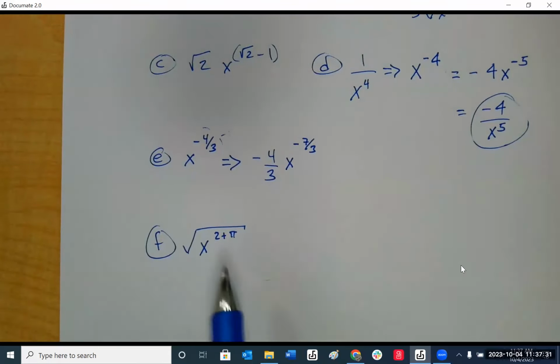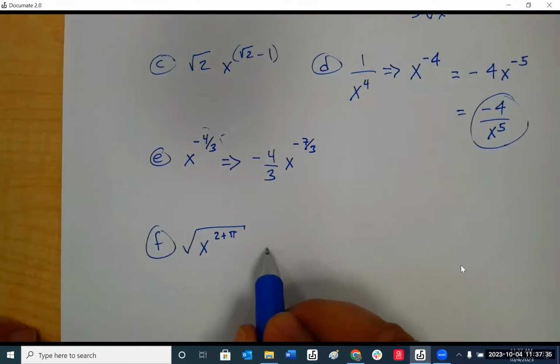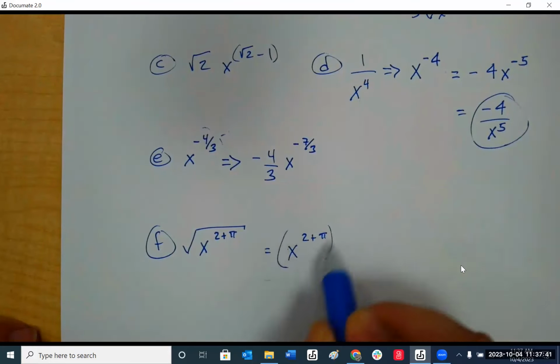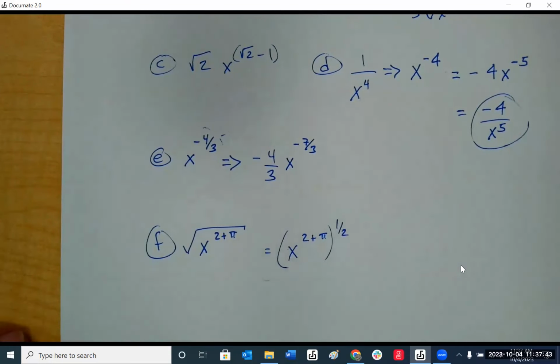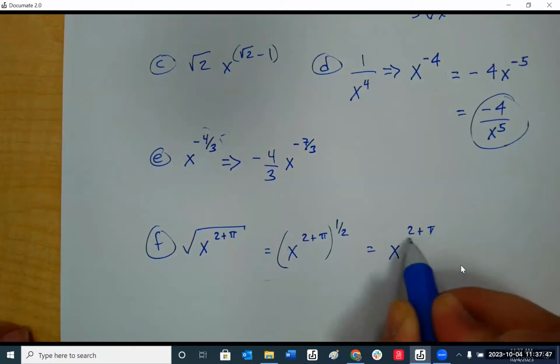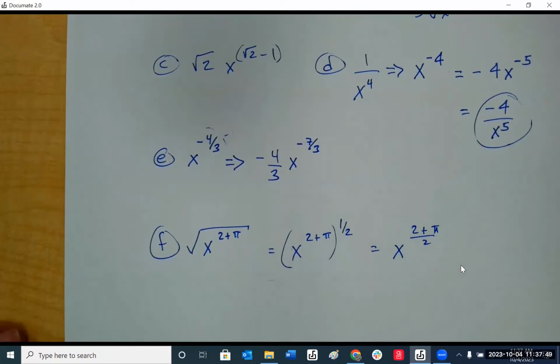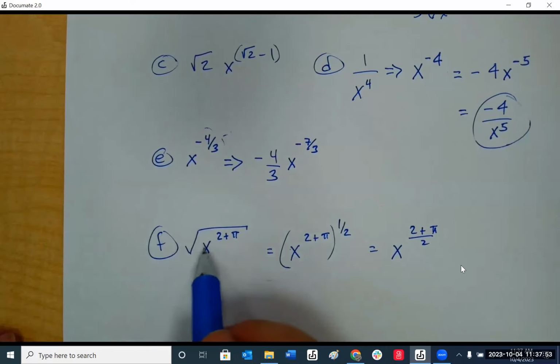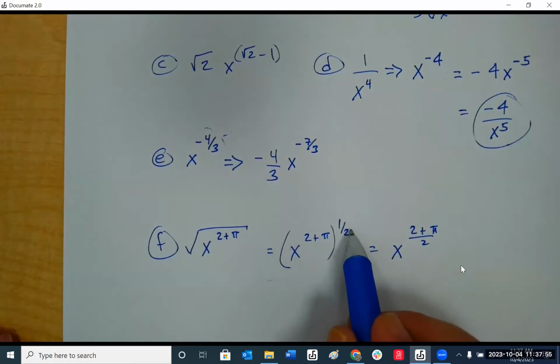The only thing we know is the power rule. Because this radical is to the power 1/2, and a power to a power you multiply.